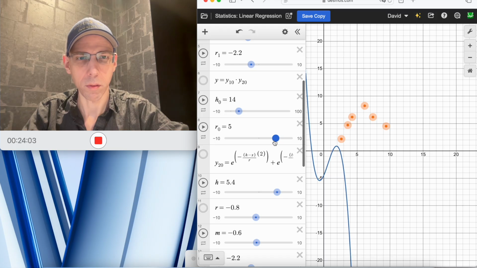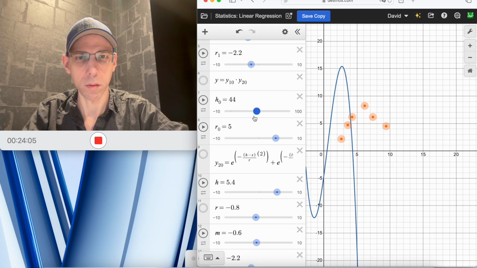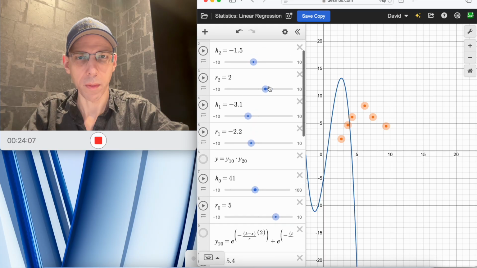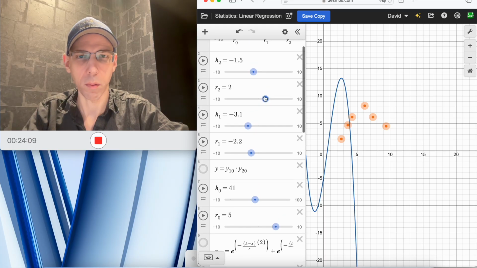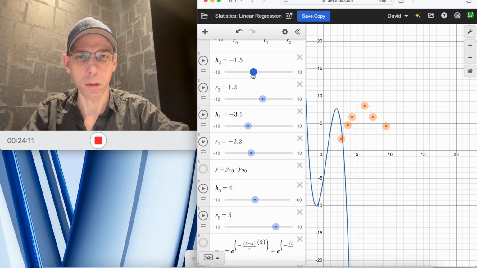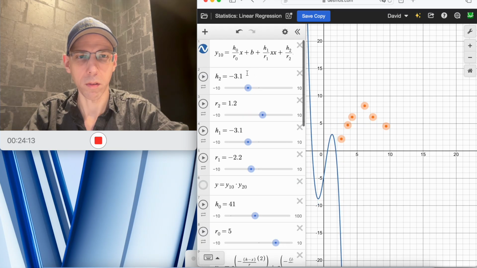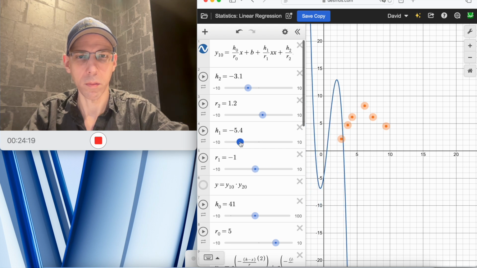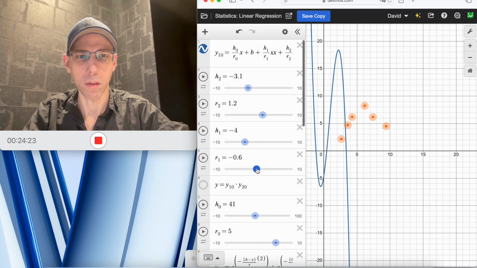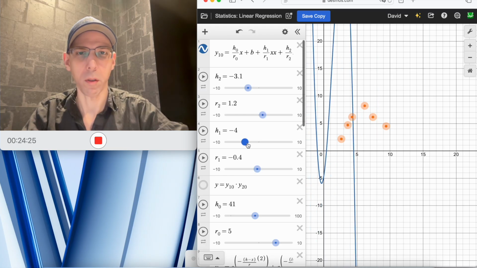So the run, if I scale that, this is the hard part, is that we now have to keep scaling these. So we scale this. Okay, this is going to fight with me all day.